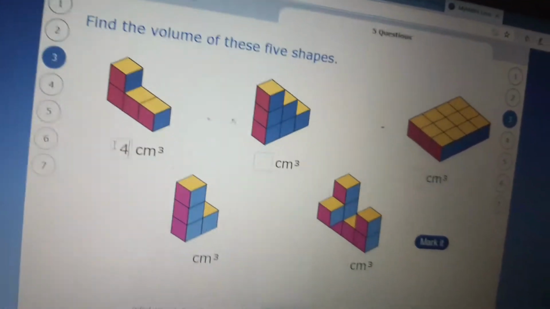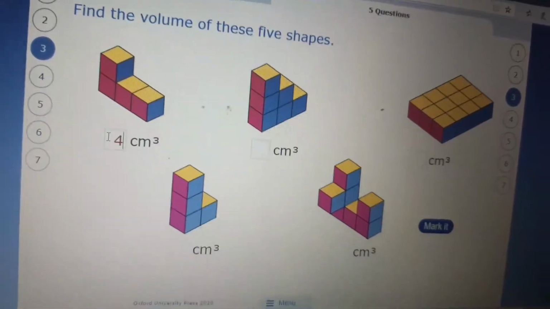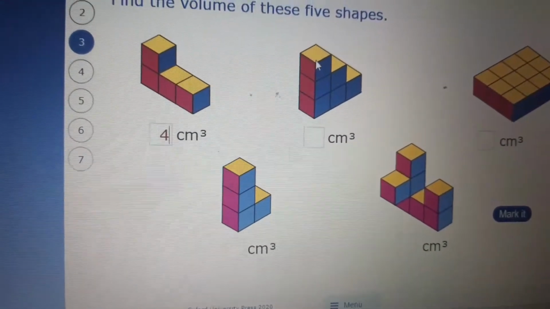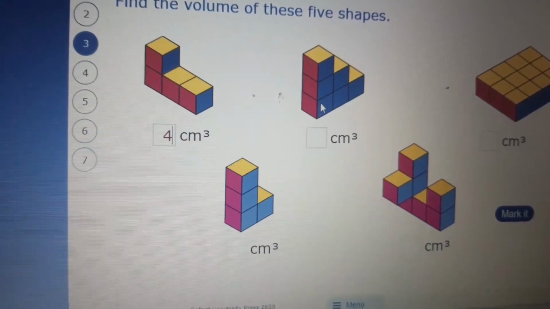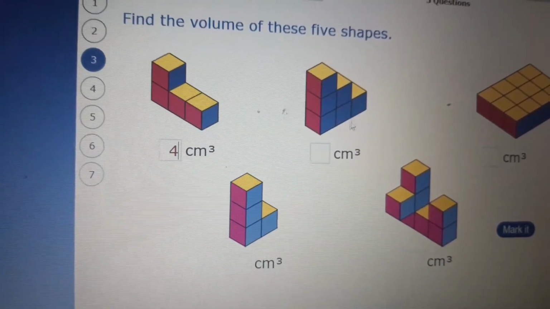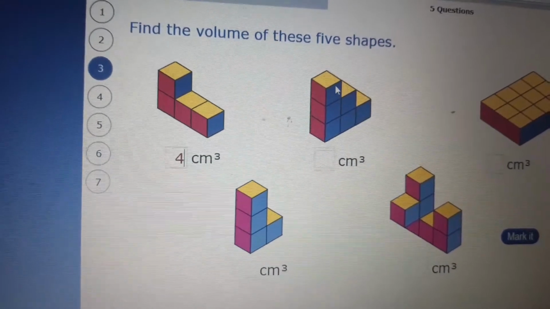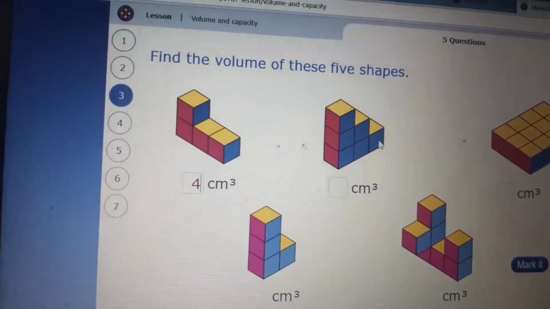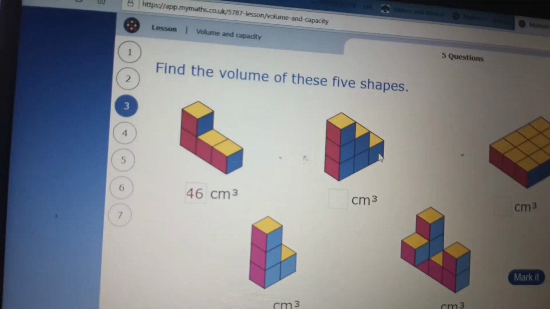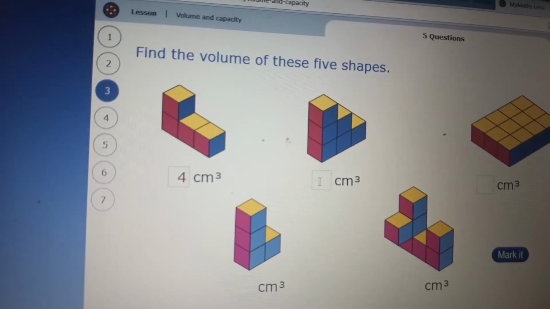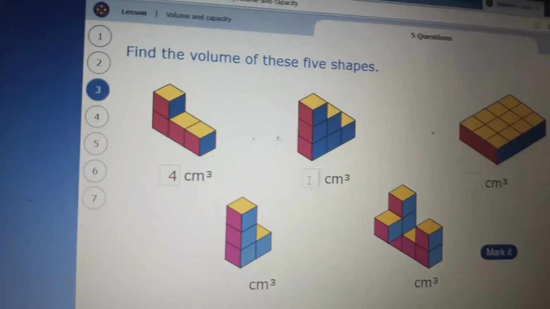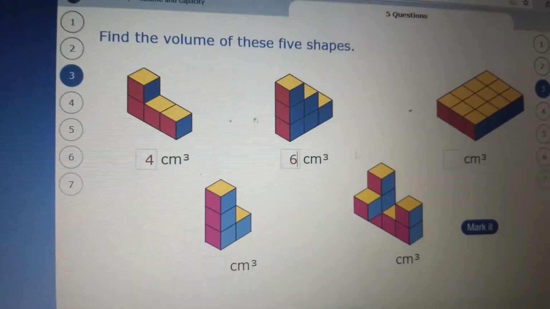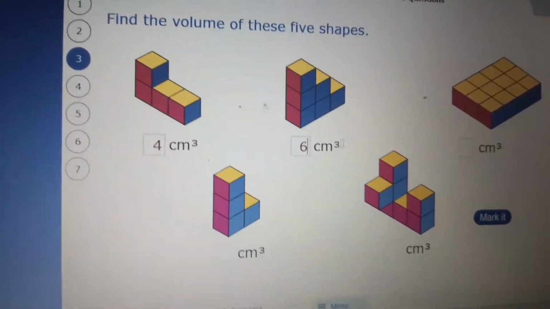My computer's a little bit slow this morning, don't know why. Okay, for this one, we have got 1, 2, 3, then 2, then 1. So 3, add 2, add 1 is 6. Oh, wrong place. 6. Is that right now? 6. And you see they have already written the unit for you on the screen.